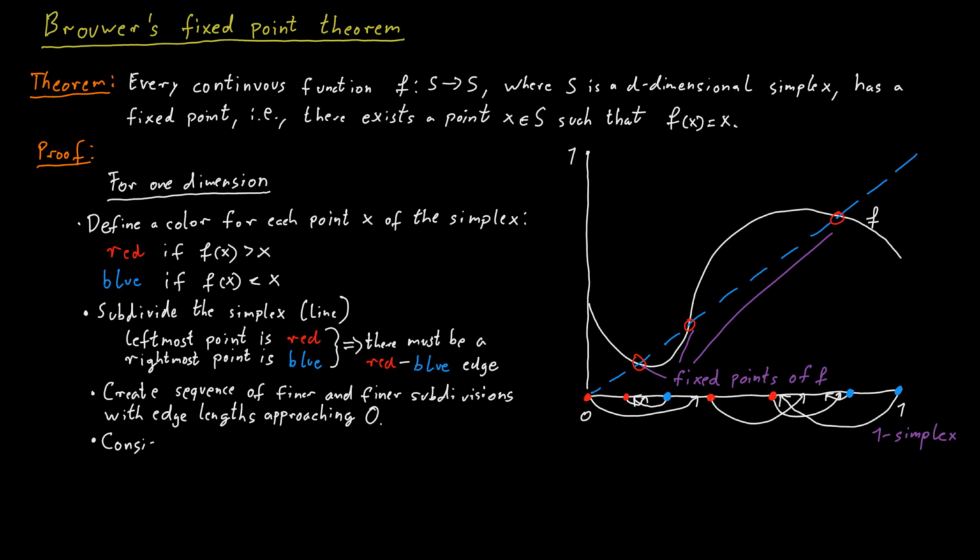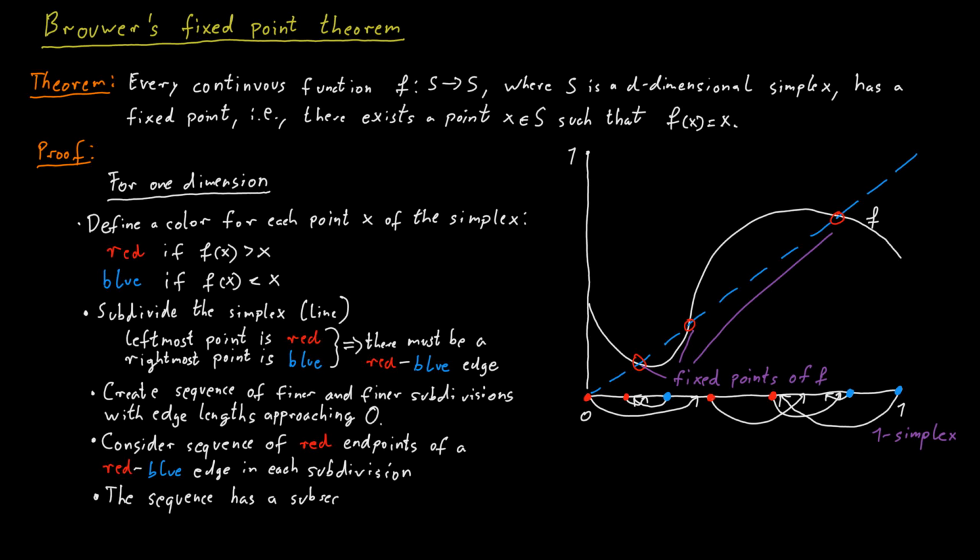Now, consider a sequence of the red endpoints of a red-blue edge in each subdivision. This sequence of red points must converge to a point z. Actually, this is not completely true, but it must have a subsequence which converges to a point z. Formally, this follows from the Bolzano-Weierstrass theorem.